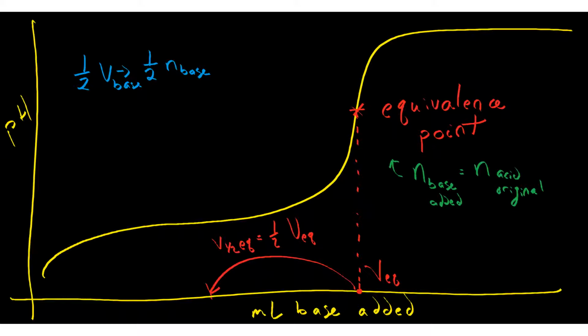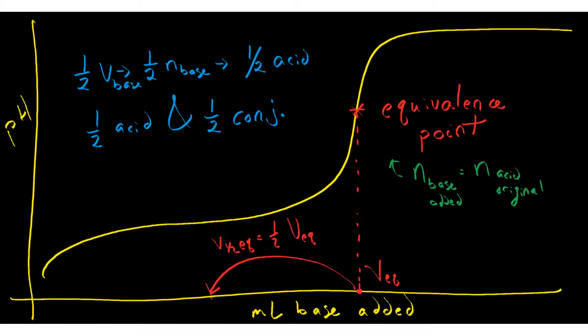So you've added half the number of moles of base. And that gets you a neutralization of half of the acid. If you've neutralized half of the acid, well, that means you have half of the acid you started with and half of your conjugate.